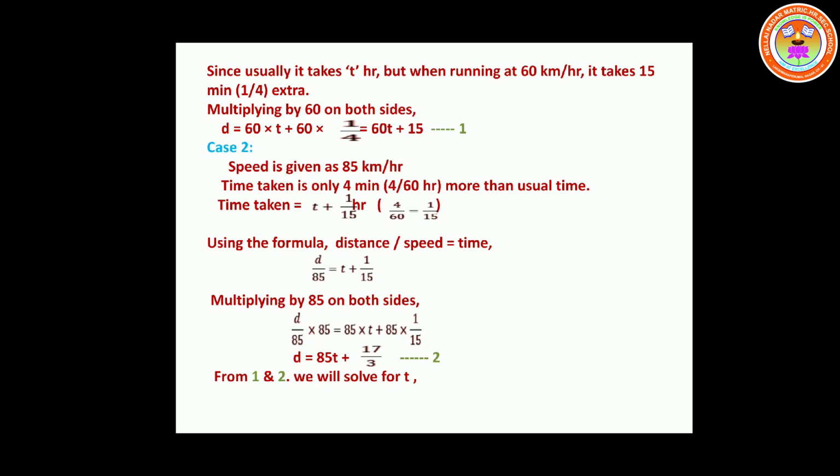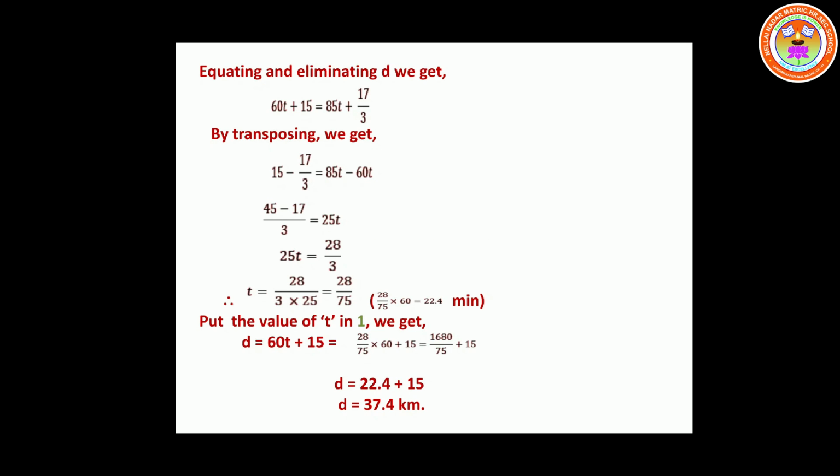So when I equate, what happens? 60t plus 15, that is the first equation, right hand side part, and 85t plus 17 by 3 is the right hand side of equation 2. Both I have equated because in both the equations d is the left hand side. So I am equating and eliminating d. So this is the equation I am getting.